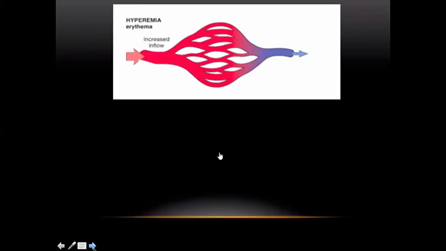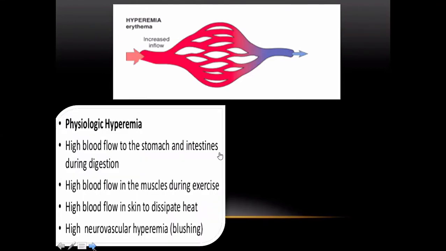So let's start first with hyperemia. As we have said, this is also known as erythema or active hyperemia. We have what we call physiologic hyperemia, which is normal. For example, high blood flow to the stomach and intestines during digestion. High blood flow in the muscles during exercise, which is why after exercise you look a bit reddish.